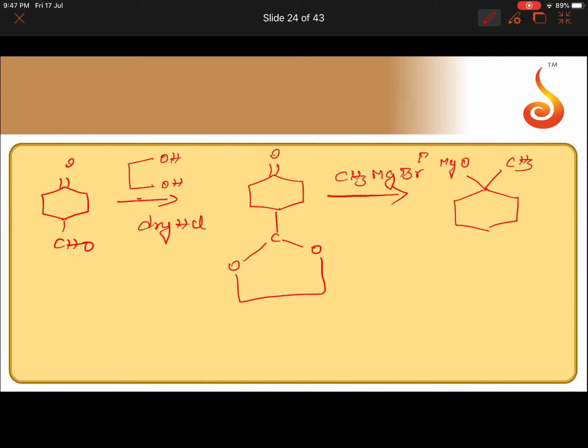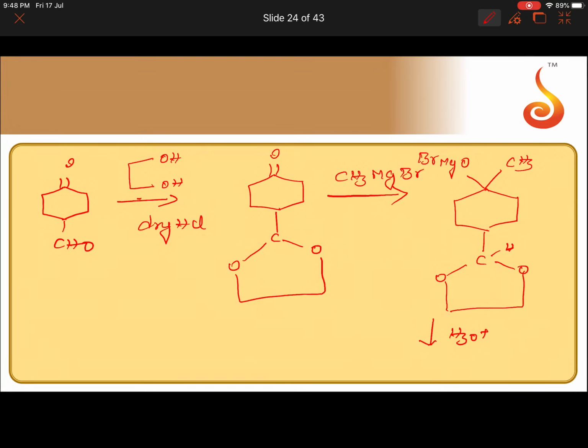So what will I get? CH3, O MgBr, and here COOH. This is Grignard's reagent followed by hydrolysis.